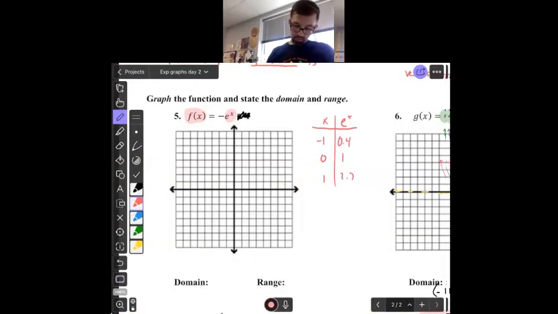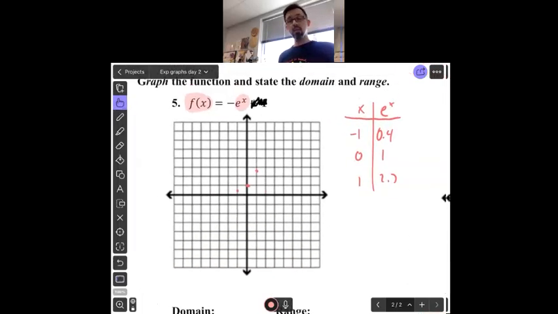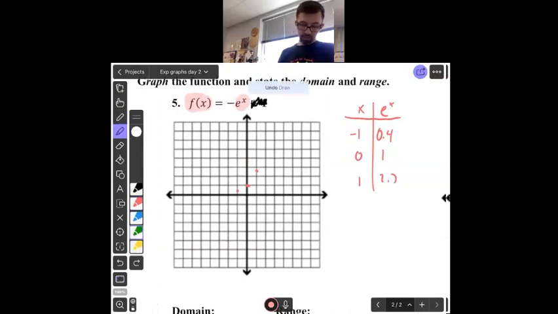Plot those points. Should look something like that. Then I say, hey, what's this doing? What's that reflection doing? Okay, we're reflecting those over the x-axis.